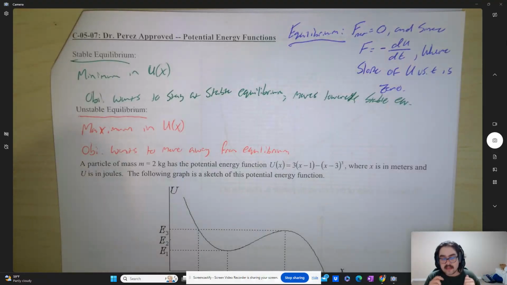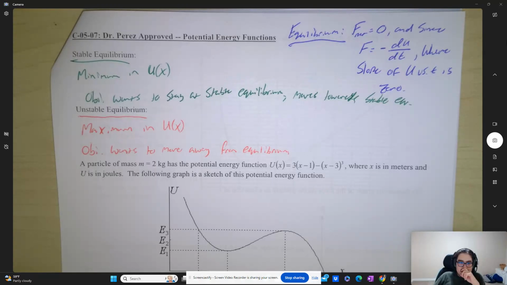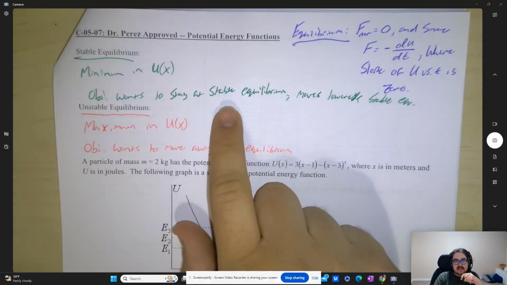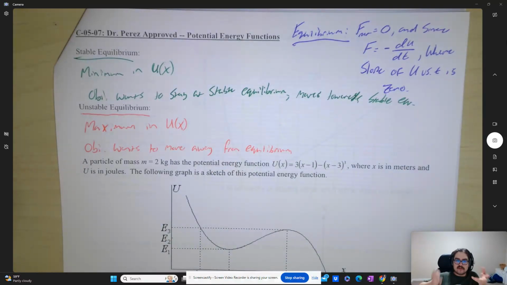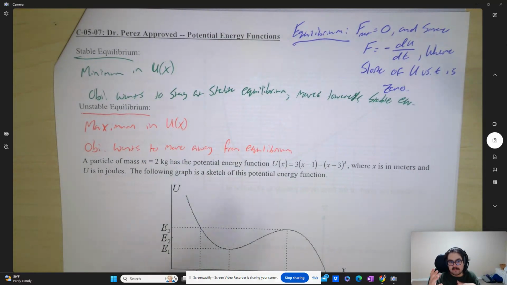If you remember in E&M, when we did the E&M intro, we talked about contour maps or electric potential lines and stuff like that, and the object moves towards lower potential. That's exactly what the case is here. If you set a marble on the function, where is it going to go? So think of the stable equilibrium as bowls on the function, and unstable equilibrium as hilltops, or maybe bowling balls, where if you put the marble on top of a bowling ball, it's going to roll off. But if you put a marble in a bowl, it's going to roll into the bowl.